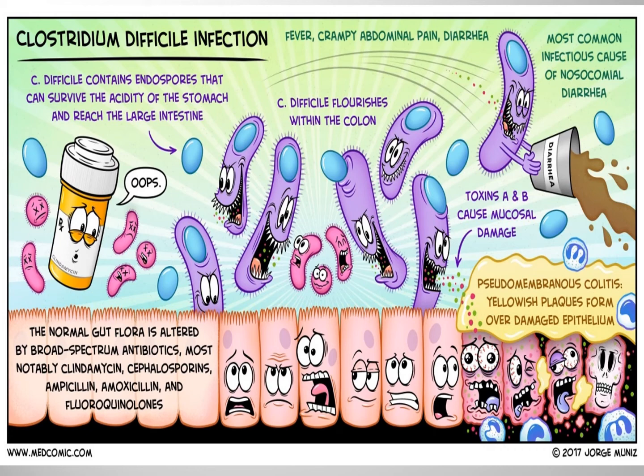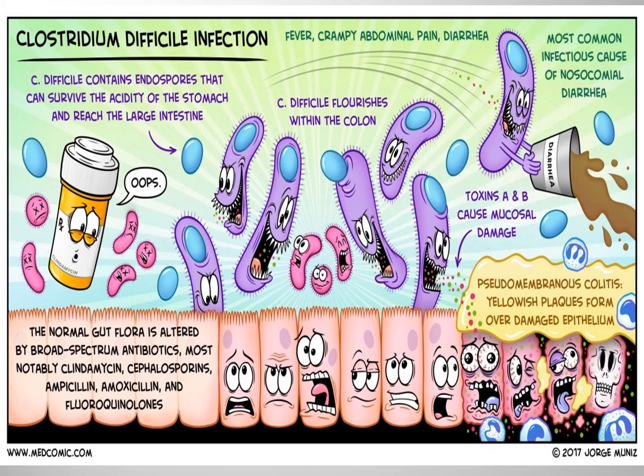And it's likely not causing too much trouble there because your normal flora is protective to the patient. But when given antibiotics, it allows the Clostridium difficile to become overgrown. Instead of just colonizing a bit, it's now becoming a full-blown infection, especially with the use of broad-spectrum antibiotics.